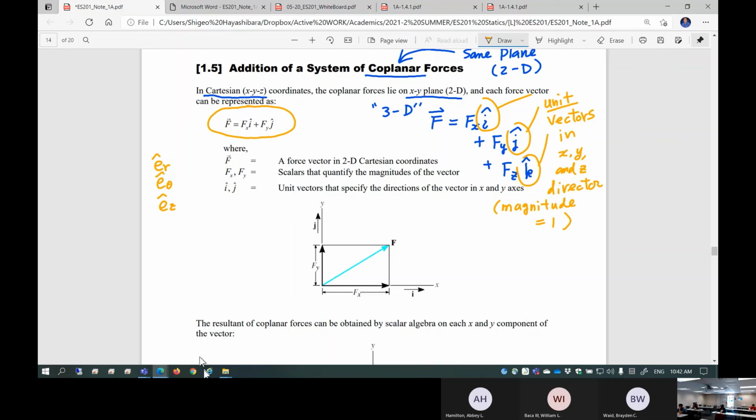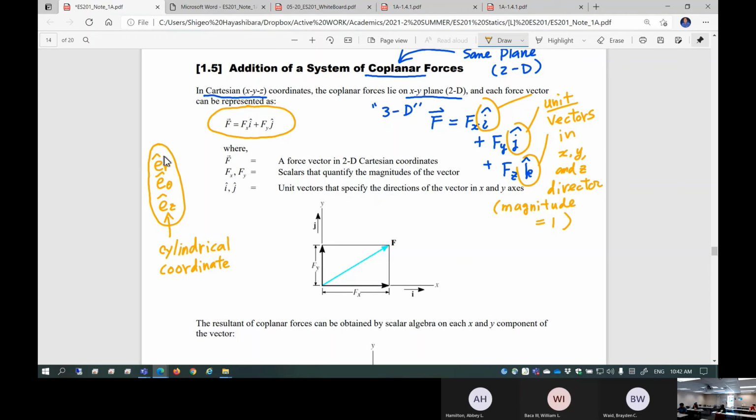Those are the cylindrical coordinate system, r, theta, z. Those are the unit vectors in each direction: r direction, theta direction, z direction. Don't worry too much about it at this moment. You probably have to deal with it starting from fluid mechanics or something. Don't worry too much about it.